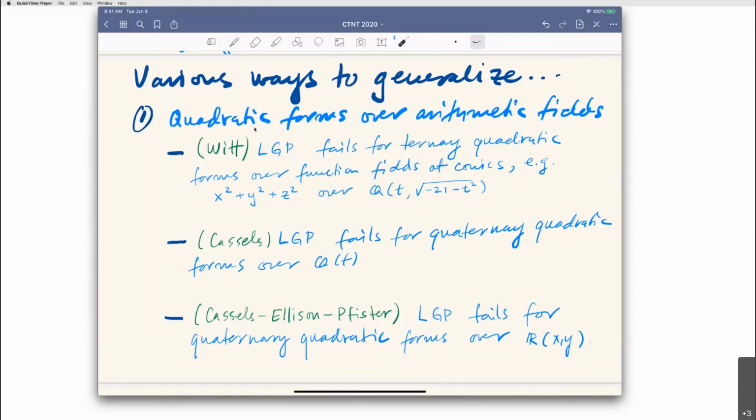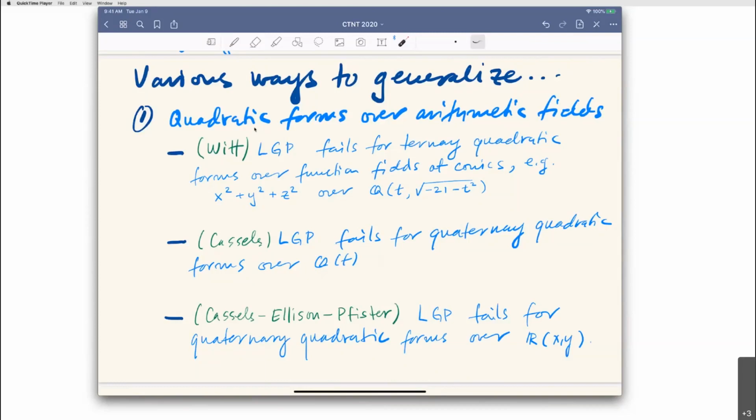Cassels found examples of quaternary quadratic forms, so quadratic forms in 4 variables over a rational function field over Q. So these are quadratic forms whose coefficients involve rational functions, and that over every completion, so at discrete valuations, those which are trivial on Q and also those which are not trivial on Q, he found such examples.